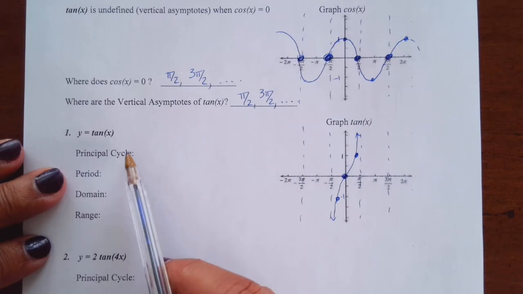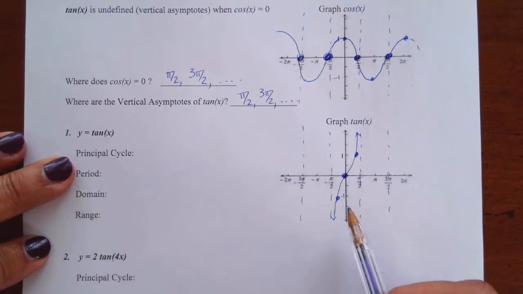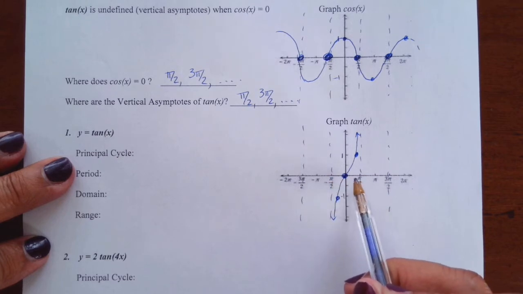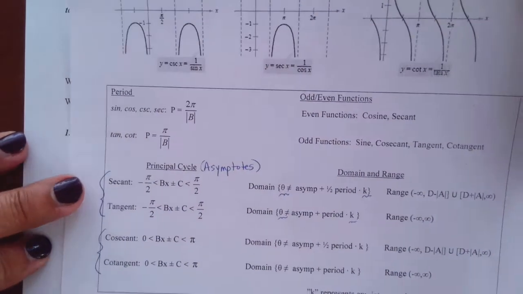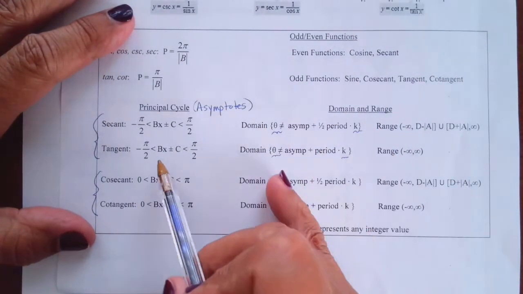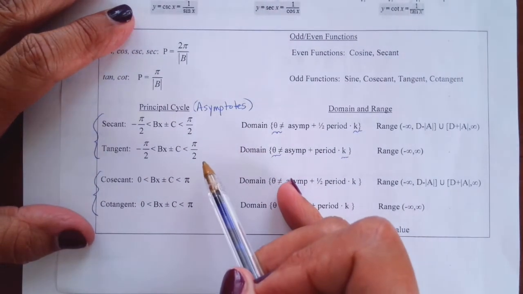So when we say a principal cycle, we're talking about principal meaning the main one. So that would be the one closest to 0. So that would be between negative pi over 2 and pi over 2. So if you go back to that first page, okay, you see on tangent, it tells you that the principal cycle is between negative pi over 2 and pi over 2. That's why those numbers are there.